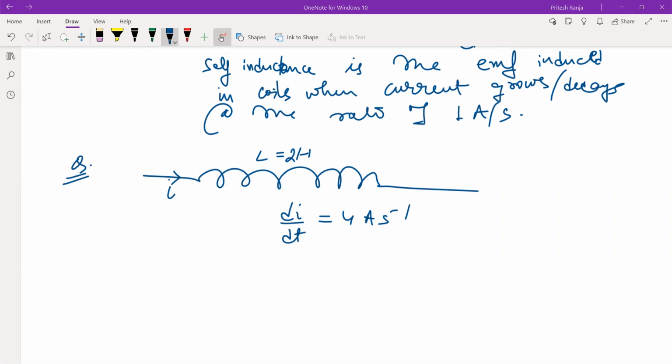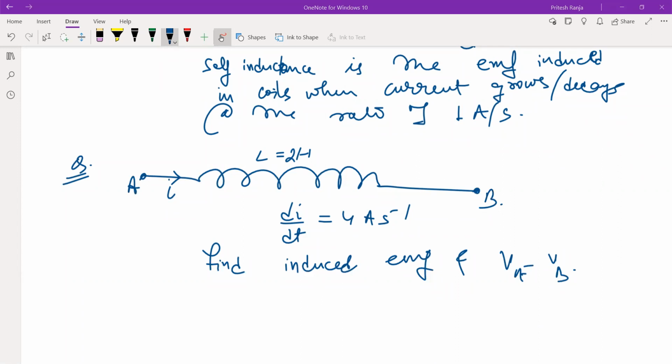So we have to find out the induced EMF and VA minus VB. Let us say this is A and this is point B.